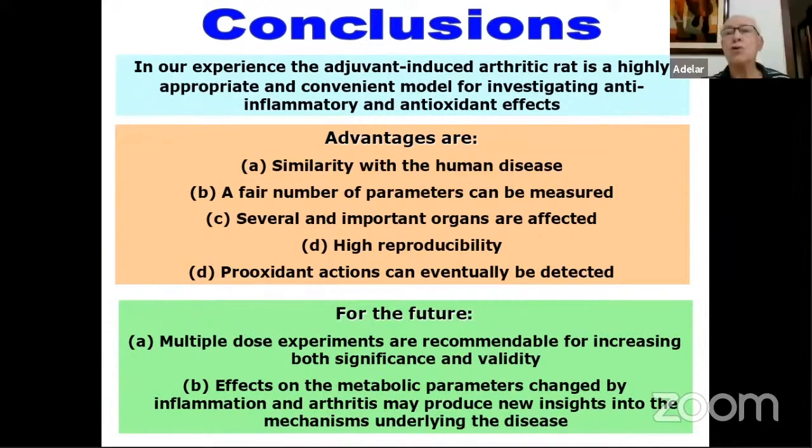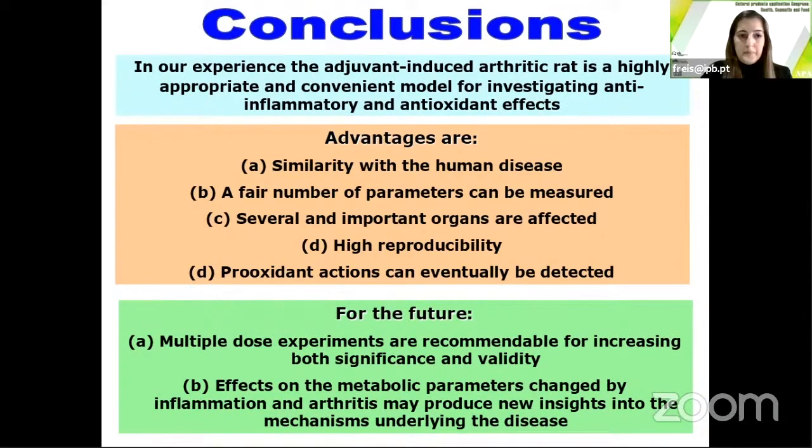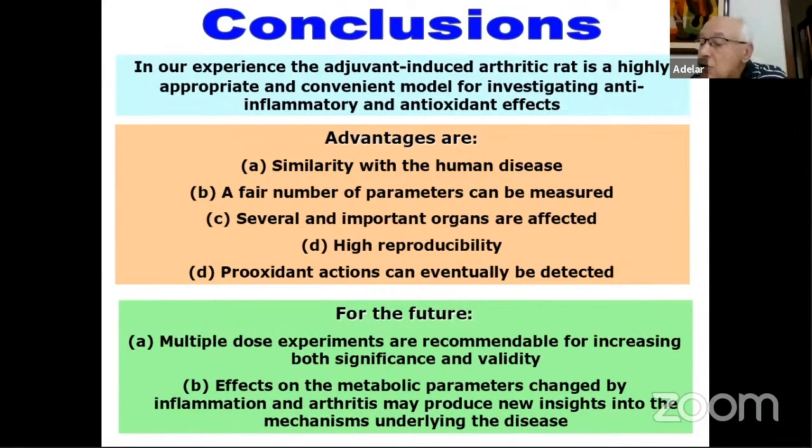Until now, most of our studies have been done with extracts, but always characterized in terms of their contents. Characterization is generally done at the Mountain Research Center. It's a collaboration that we have with this highly productive group. But we have also done several studies with isolated compounds.